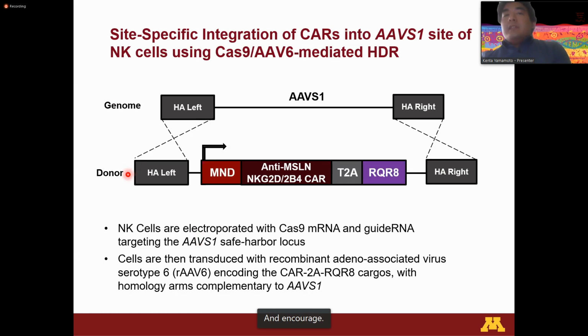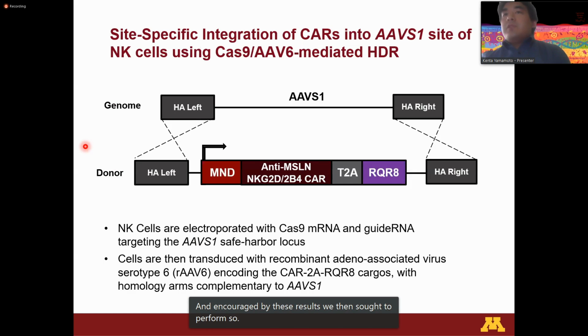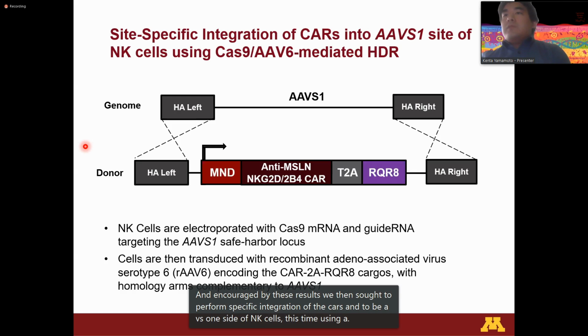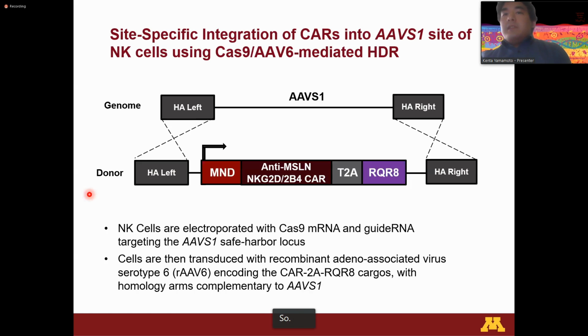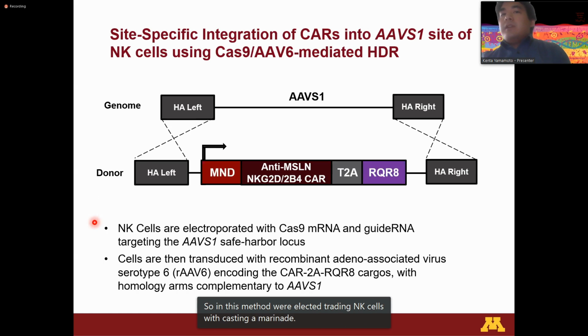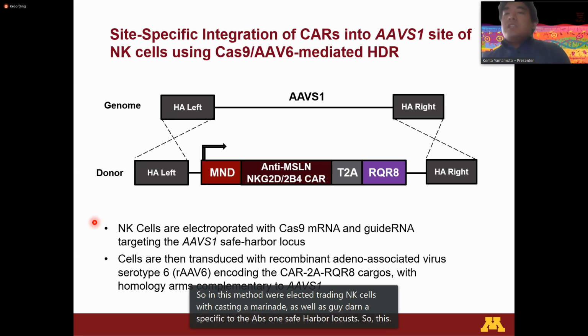And encouraged by these results, we then sought to perform site-specific integration of the CARs into the AAVS1 site of NK cells, this time using a homology-directed repair-based approach. In this method, we're electroporating NK cells with Cas9 mRNA, as well as guide RNA specific to the AAVS1 safe harbor locus. This allows the generation of a double-strand break at the targeted site.